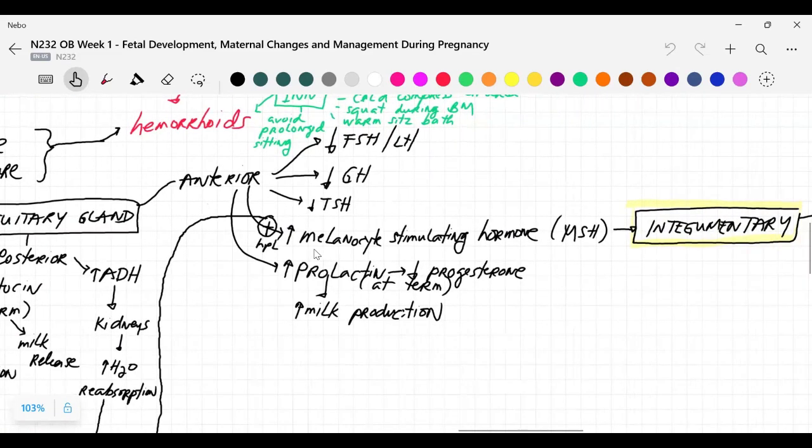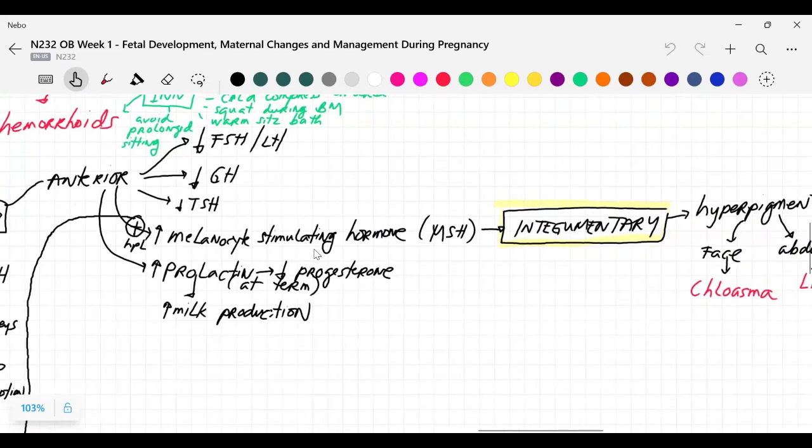And then from the anterior pituitary, we also have melanocyte stimulating hormone. What is melanin? Pigmentation, right? So because of the changes in the hormones, this is triggered, and this is caused by HPL. I'll come back to what that is.